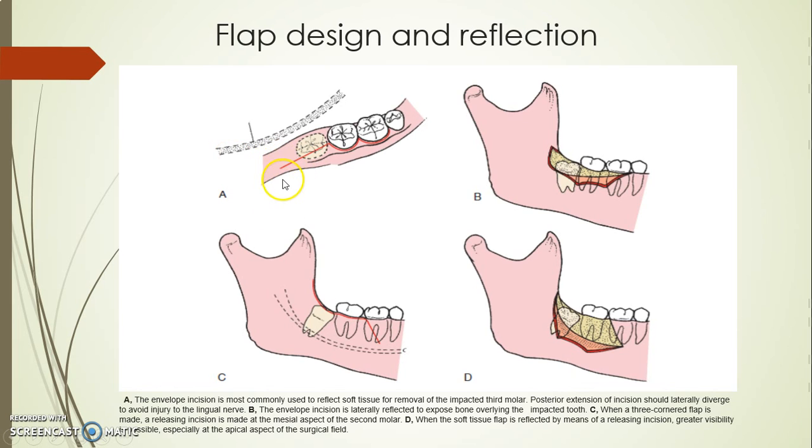Don't go to the lingual part, go buccally and follow the external oblique ridge of the mandible, because if you go straight forward from this point to this point, you're going to end up damaging the inferior alveolar nerve or lingual nerve. So always go in the buccal direction.